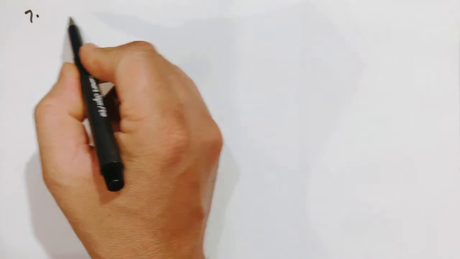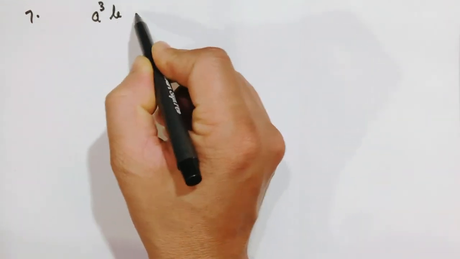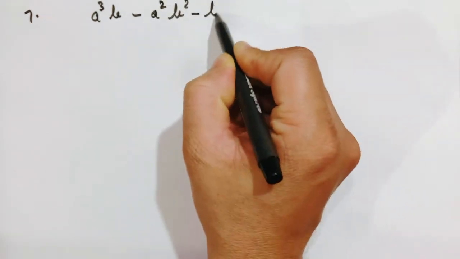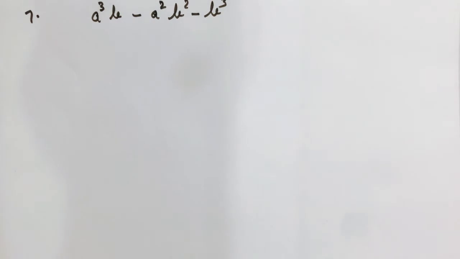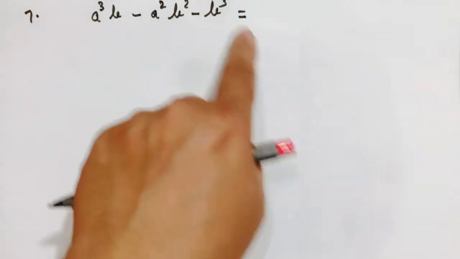Coming back to question number 7. Okay, what do we have? Number 7 states: find out the factors of a cube b minus a square b square minus b to the power 3. Therefore what you need to do, as I told you, is take out its HCF.